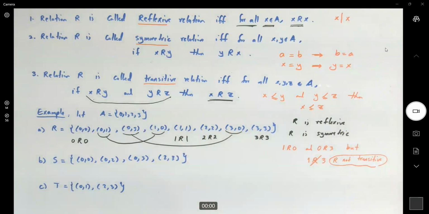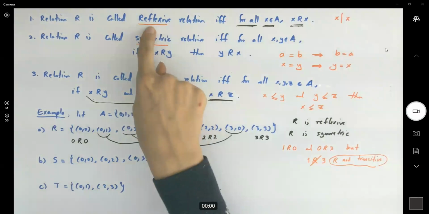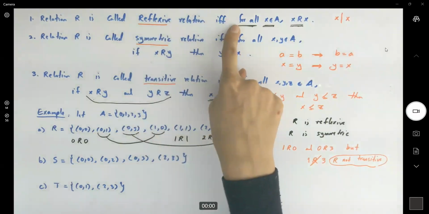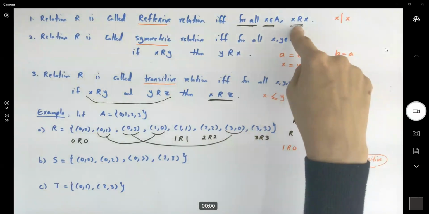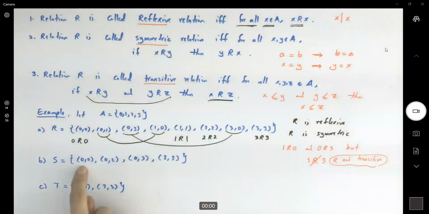Now let us move on and talk about relation S. Okay, is S reflexive? Can you conclude that for all X values in A, X has a loop? I have 0 and 0, I'm fine. 0 is related to 0, we're good here.